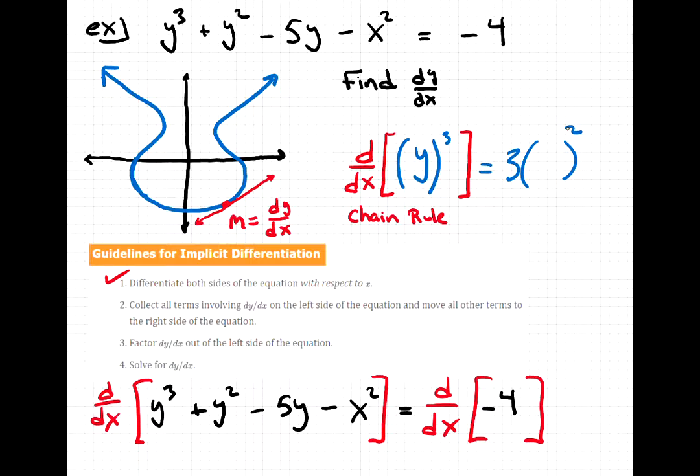So that's the derivative of the outside function, while the inside function stays the same, times the derivative of the inside function, and the derivative of y we just discussed is dy over dx. So the derivative of x cubed is just simply 3x squared, but the derivative of y cubed is 3y squared times dy over dx.